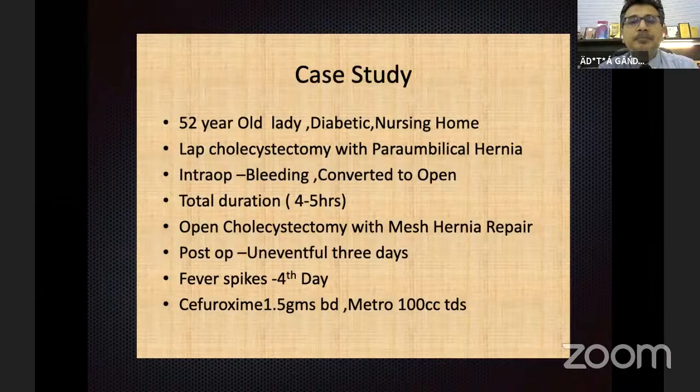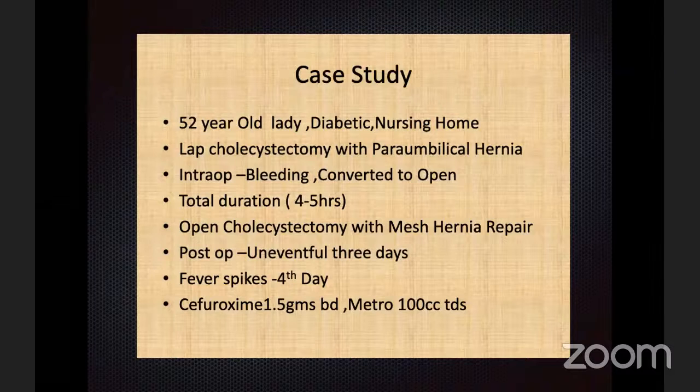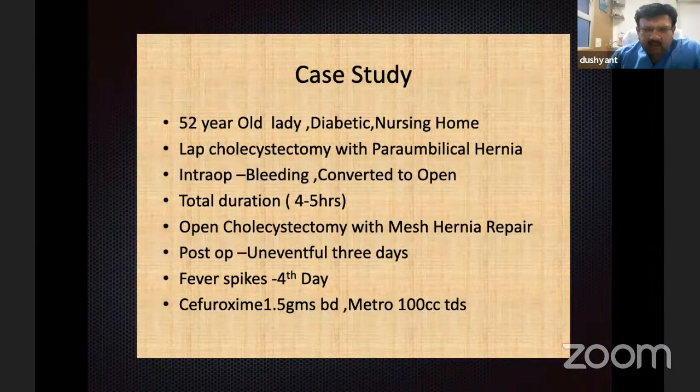Dushyant, please go ahead. I think this is already a complicated case. Already 4 to 5 hours have gone, and open cholecystectomy with mesh repair is going to put in more hours. So I think you can go for primary repair at this stage, and then maybe this patient can be followed up for a second stage next time.